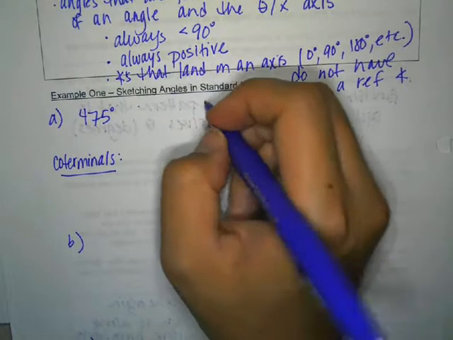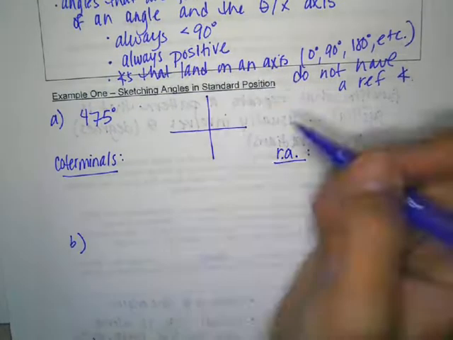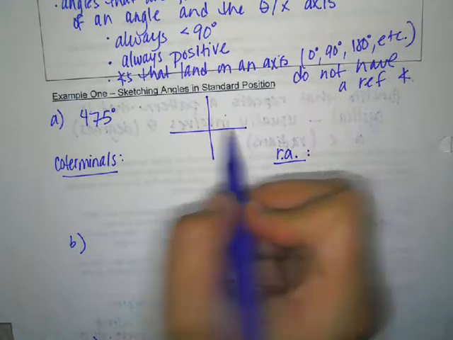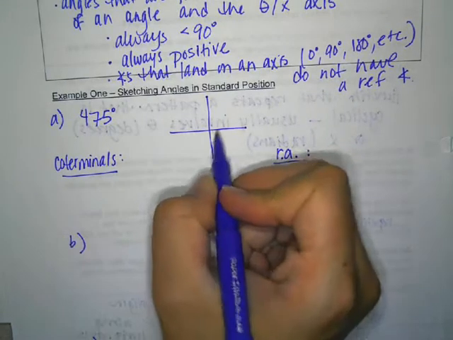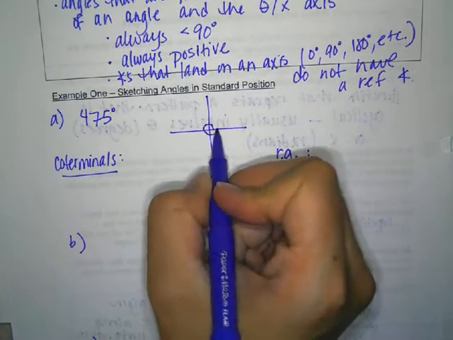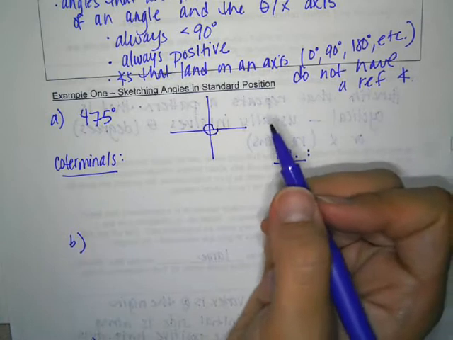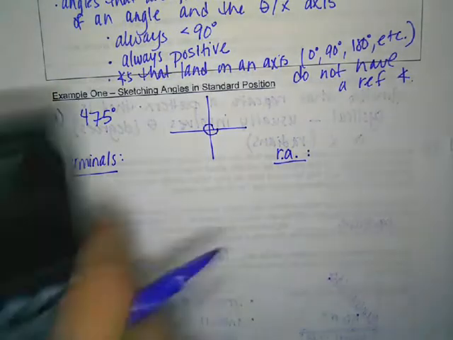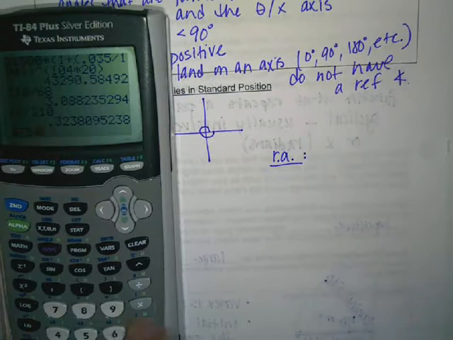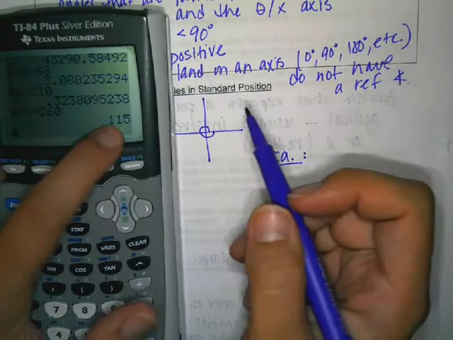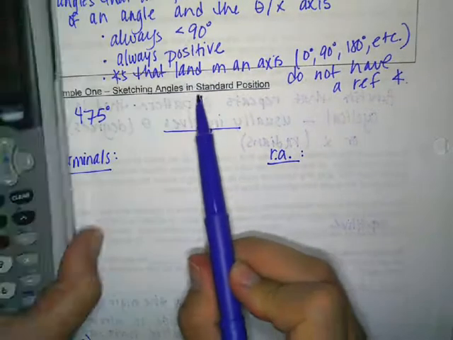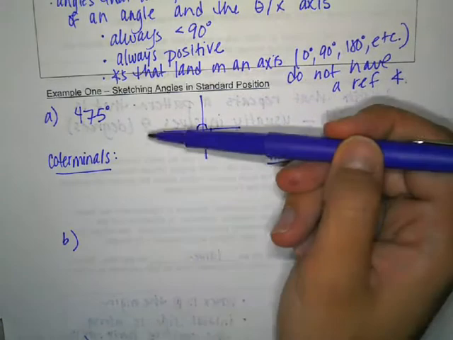Okay, now to sketch it. Remember, we start at the positive x-axis. It's a positive angle, so we need to go counterclockwise. One trip around the circle is 360. Now to figure out how much more you have to go, I usually take 475, subtract one way around, 115. I know this is 90. I know this is 180.